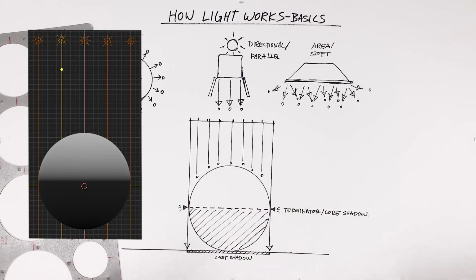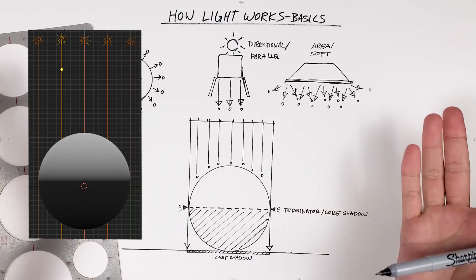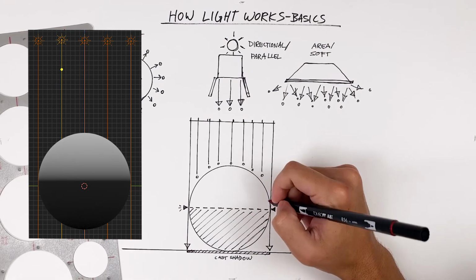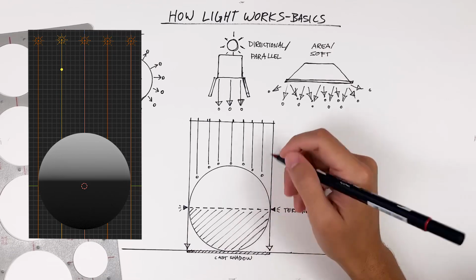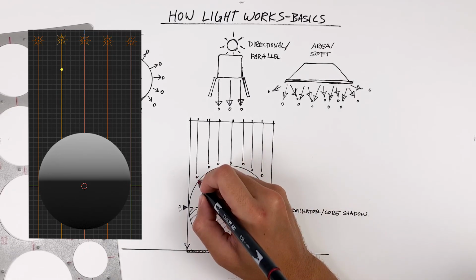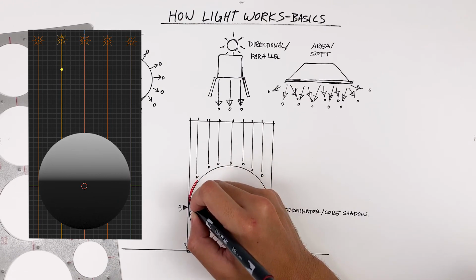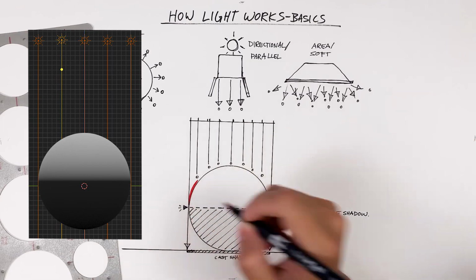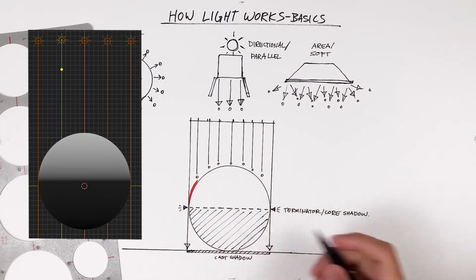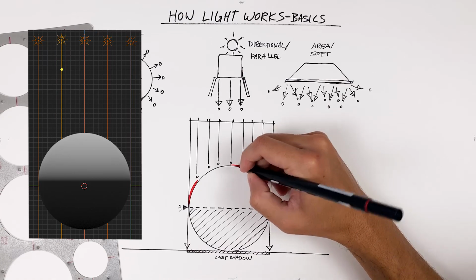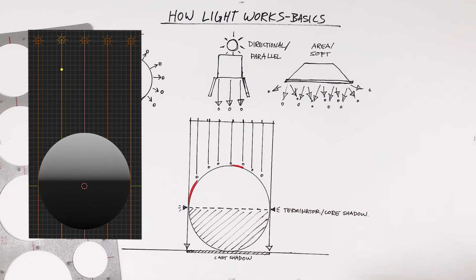Here in this diagram is contained the secret to shading. This is it right here. The main thing I need you to notice is the difference in surface area on the sphere between this area along the edges of the shape and this area near the top of the shape.